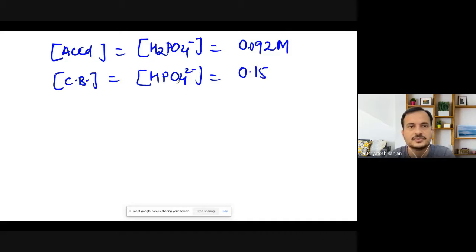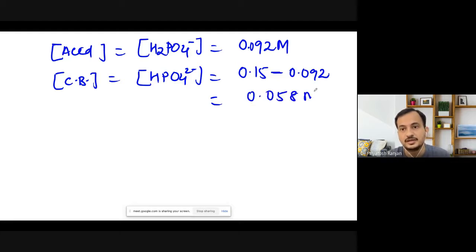Perfect. So the concentration of conjugate base is going to be 0.15 minus 0.092 molar, which is equal to 0.058 molar. Good.